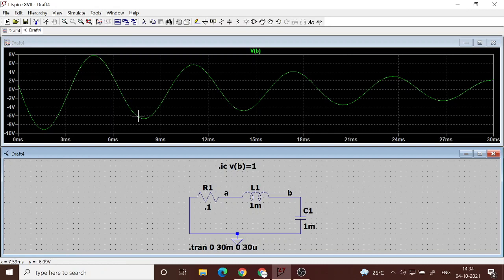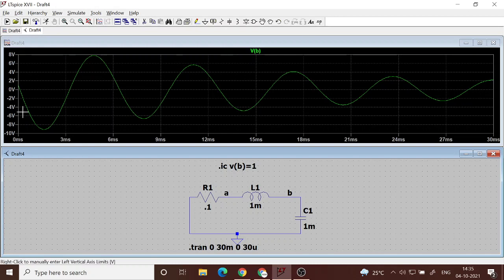Okay, it has a sufficiently large amplitude. If R is 0, I will get undamped oscillation, which is what we studied earlier. But if R is not 0 but something small, then there is a gradual decrease. The amplitude of oscillation gradually decreases and then goes to 0.